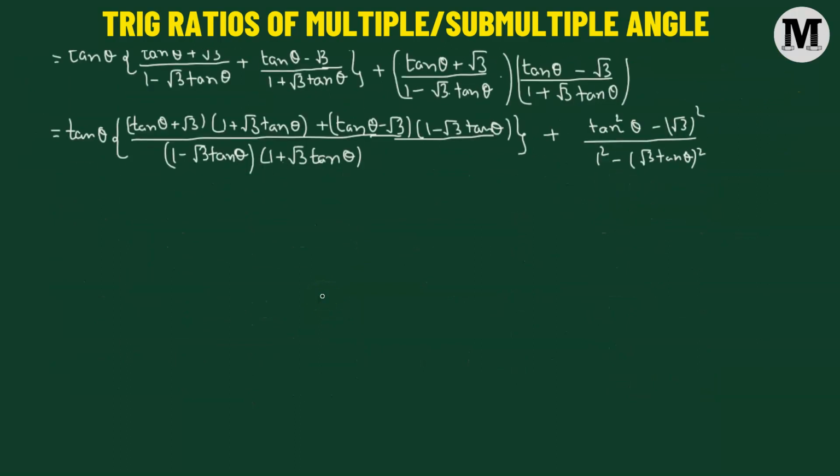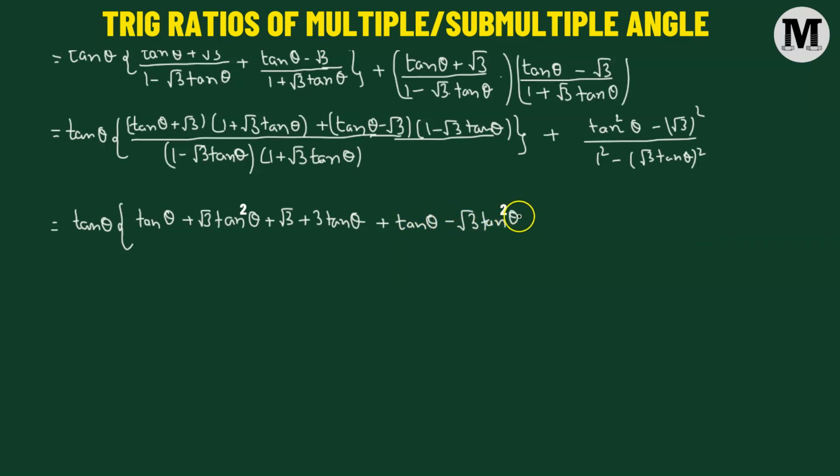So let's further simplify. Now we have tangent of theta multiplied to, so let's expand the numerator portion. So we have tangent of theta plus square root of 3 times tangent squared theta plus square root of 3 plus 3 times tangent of theta, added to tangent of theta minus square root of 3 times tangent squared theta minus square root of 3 plus 3 times tangent of theta.